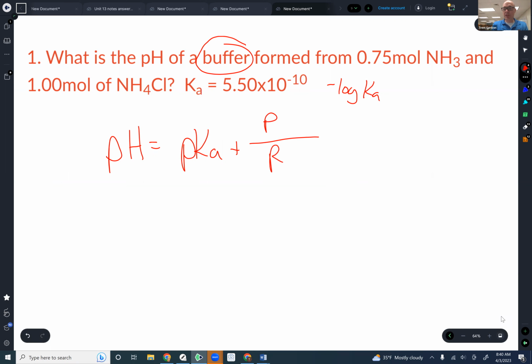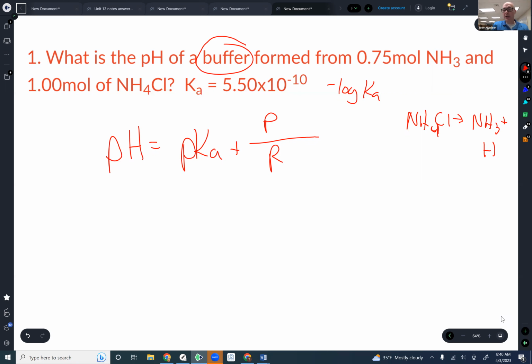Well, the products in this case, if we think about it, if we have some material that is giving off its H's, so I've got NH4Cl, it's going to give away one of its H's.